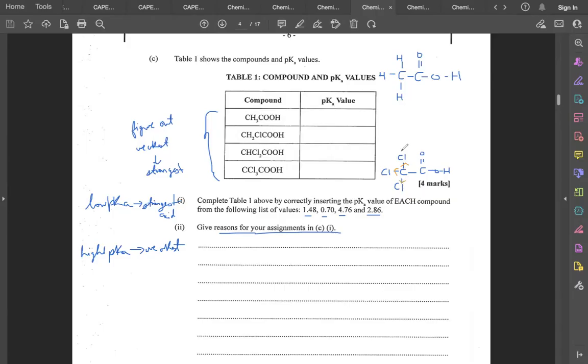So they're pulling electrons to themselves. So Cl is what we call electron withdrawing. Our chlorine is going to pull the electrons to itself.